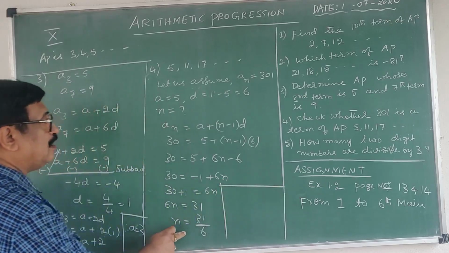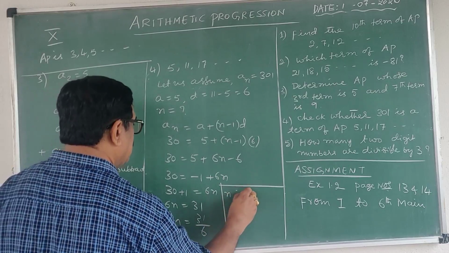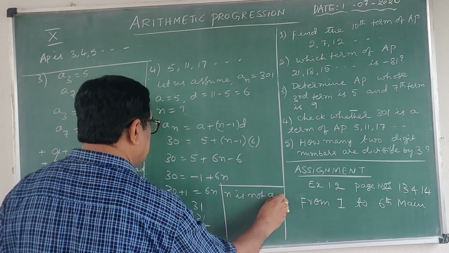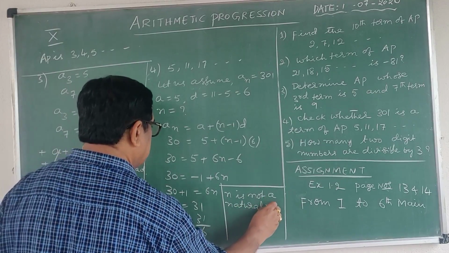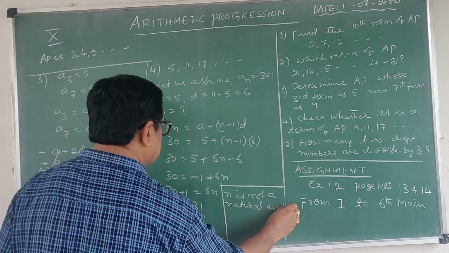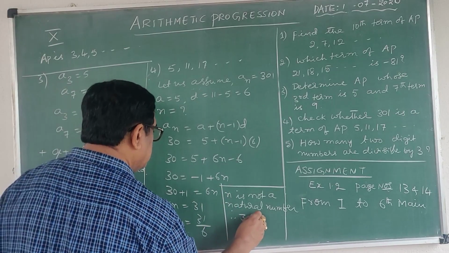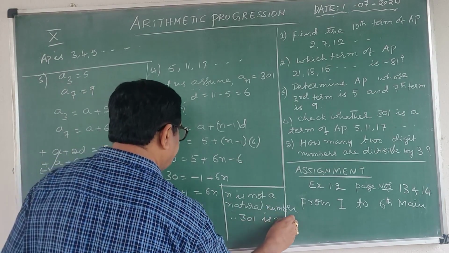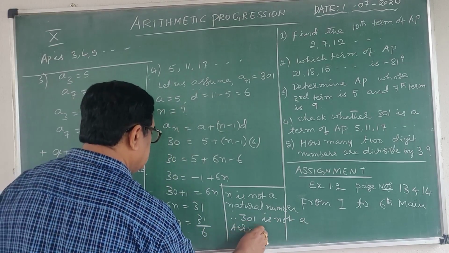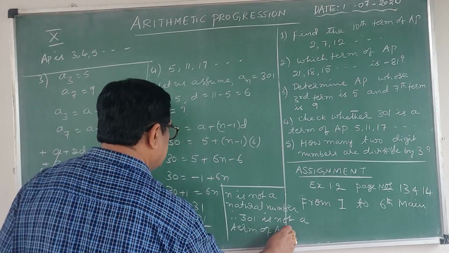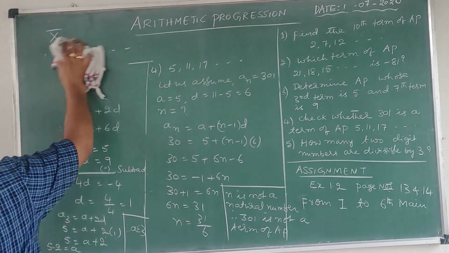So, since n is not a natural number, therefore 301 is not a term of the given arithmetic progression.